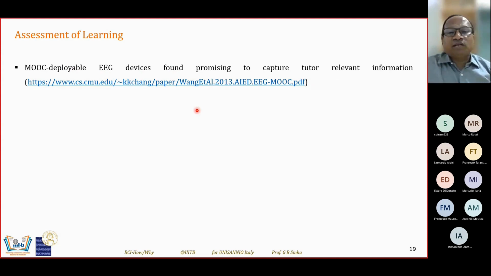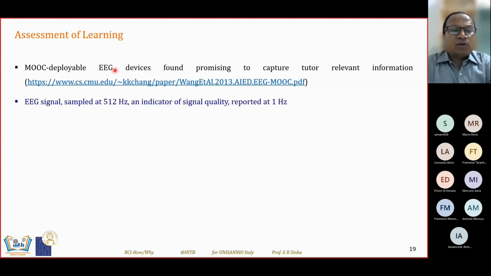This paper was before COVID-19, but during COVID-19, a lot of students had no option but to attend online lectures. So how impactful are massive open online courses, how impactful is online teaching and learning? There was an assessment using EEG signal in this paper.